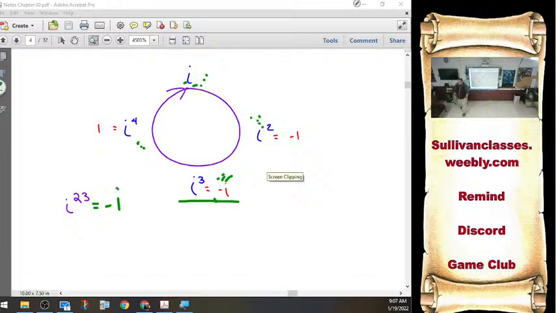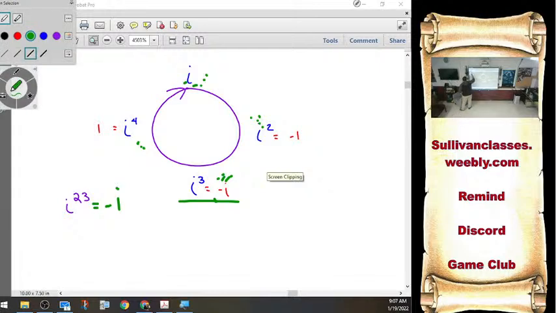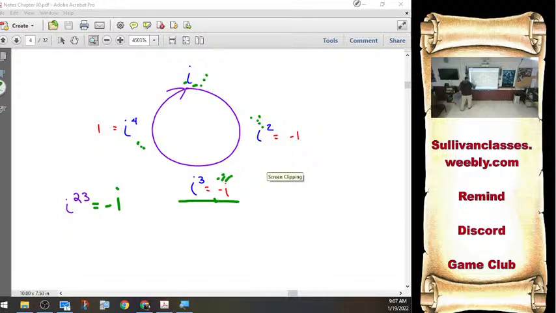There we go. Now there's an easier way to do that instead of counting all the way around, because I'm about to throw an i to the negative 305th at you. What I do is I break that up. If i to the 4th is 1, what is a multiple of 4 right under 23? 20. So I'll call this i to the 20th times i to the 3rd.